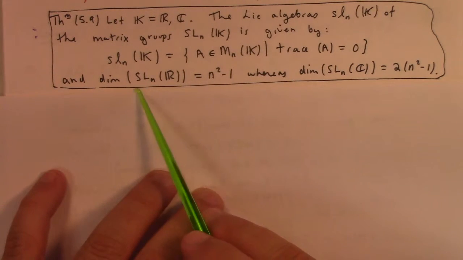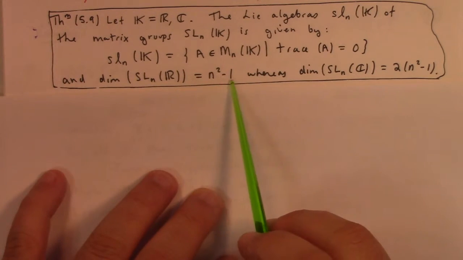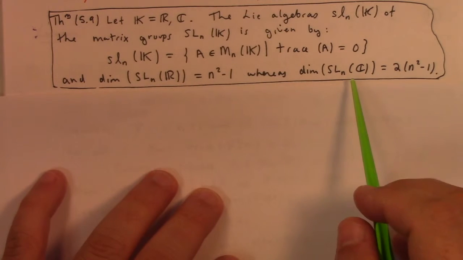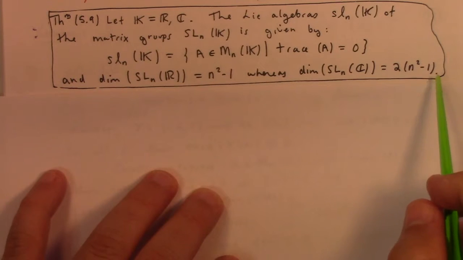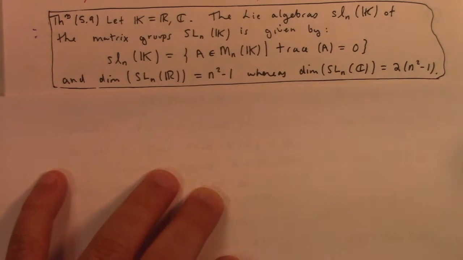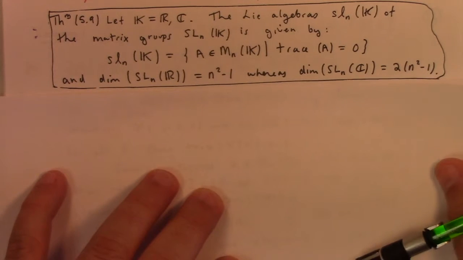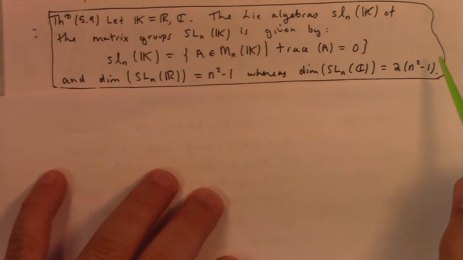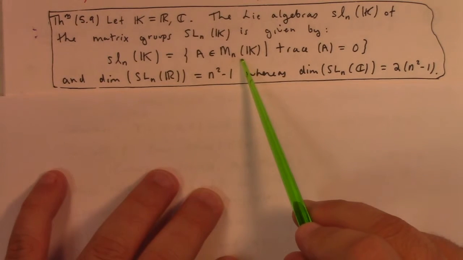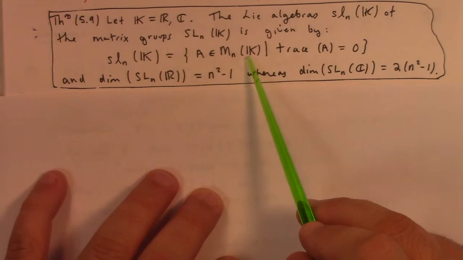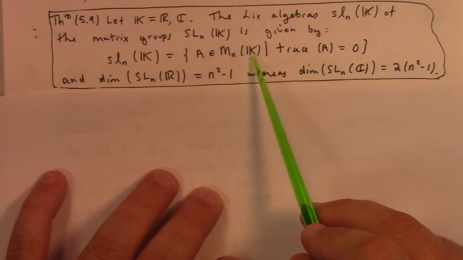So the dimension of SLN over the reals is n squared minus 1, whereas the dimension of SLN over C is, I think, 2n squared minus 1. I'm not sure if that's a typo or not. My logic here, and you tell me if I'm wrong, is that we start with the blank template of mn over C. That is, I'm pretty sure, 4n squared dimensional as a real vector space.